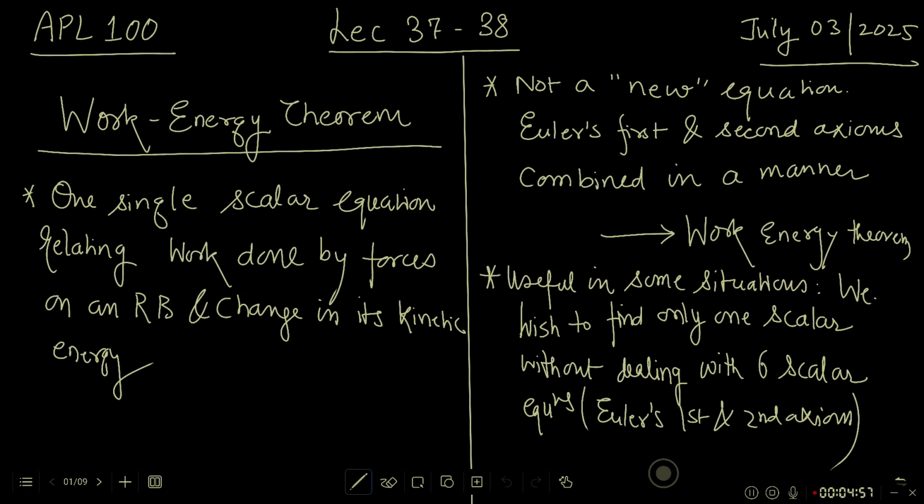If you use the work energy theorem, some forces need not be accounted for, and still you will get the value of the one scalar that you are chasing. So there are some advantages of being aware of the work energy theorem. These advantages will become clearer as I derive it and later when I solve some example problems.